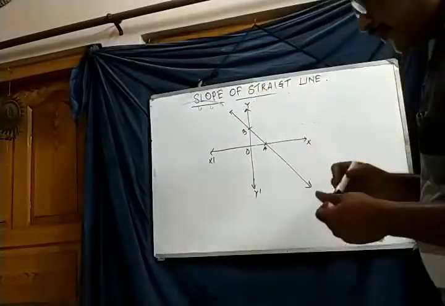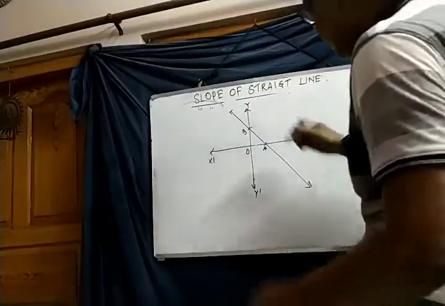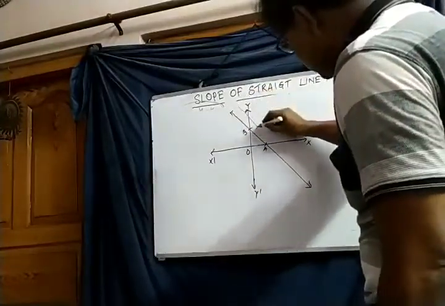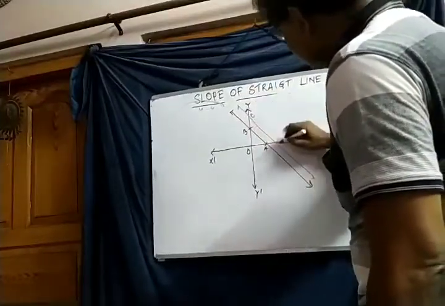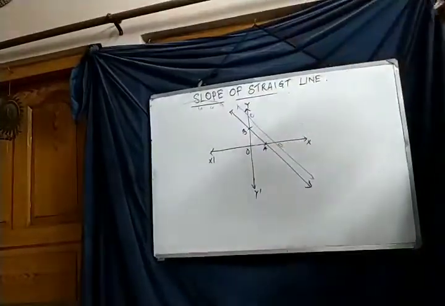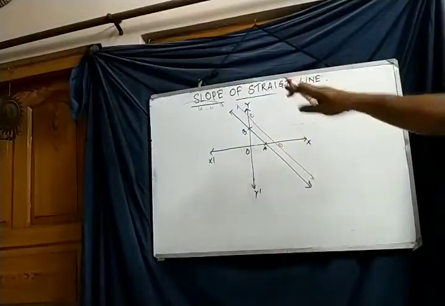If I draw a parallel straight line to AB, that is CD, it intersects x-axis at D and y-axis at C.